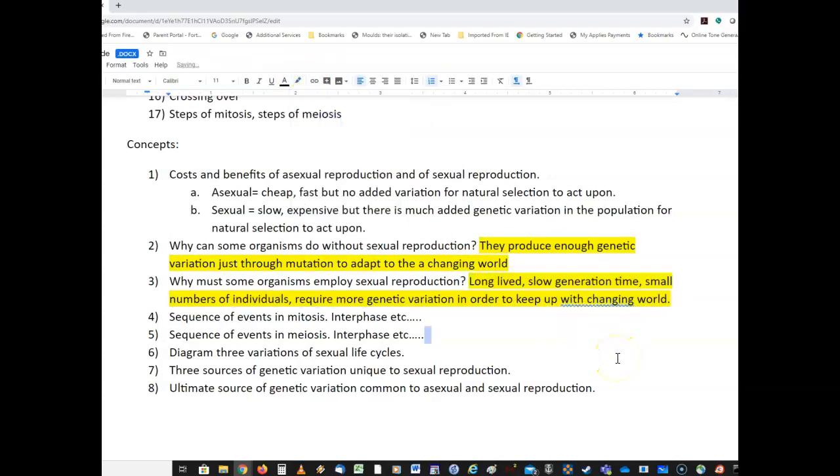So, for instance, let me give you an example. E. coli bacteria, or not, let's not give E. coli a bad name, but Bacillus pneumoniae, the organism that produces pneumonia.